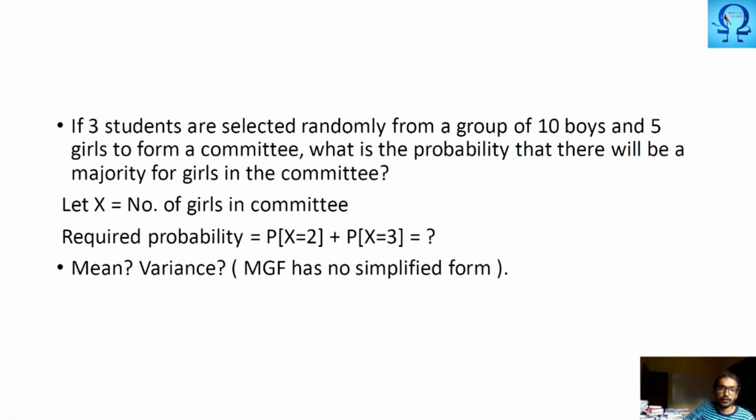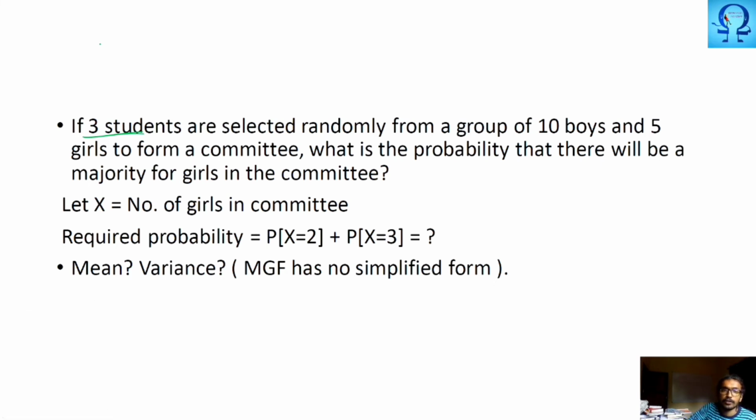Okay, now if you see in this problem, we need to select 3 students from a group of 10 boys and 5 girls to form a committee. The question is to find the probability that there will be a majority of girls in the committee.